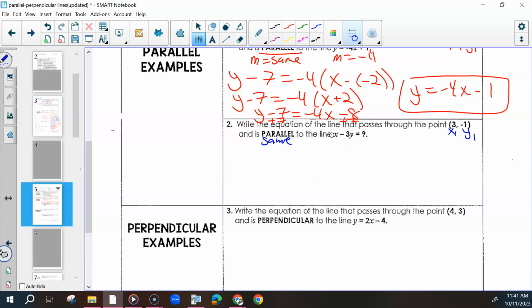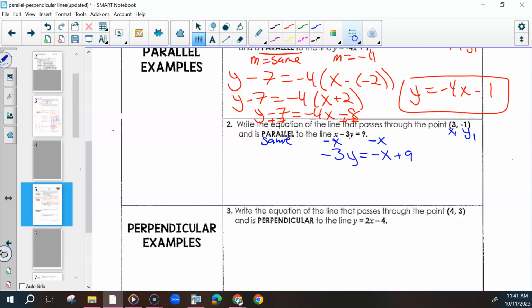So how could I get this back into y equals mx plus b? Not add, not divide, but subtract the x, get rid of it, to the other side. So we have negative 3y, we're going to rearrange, equals negative x plus 9.